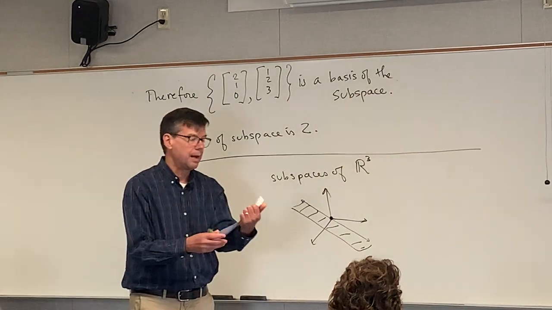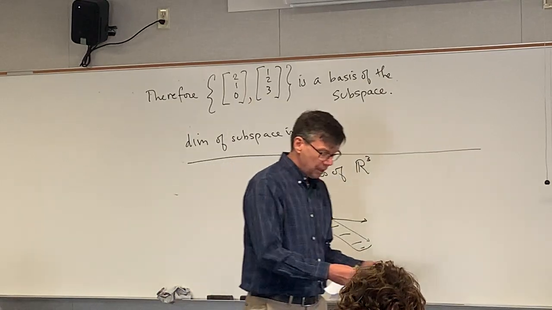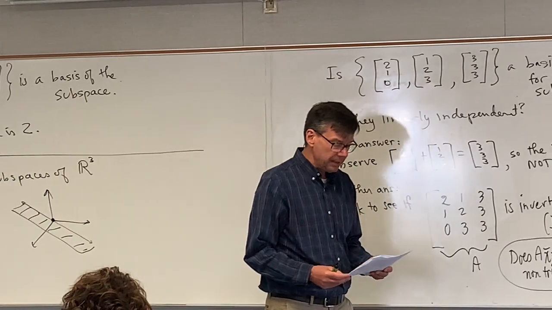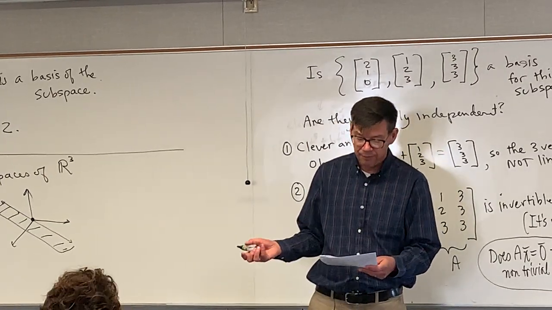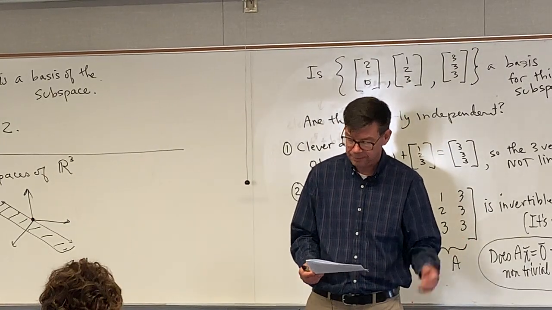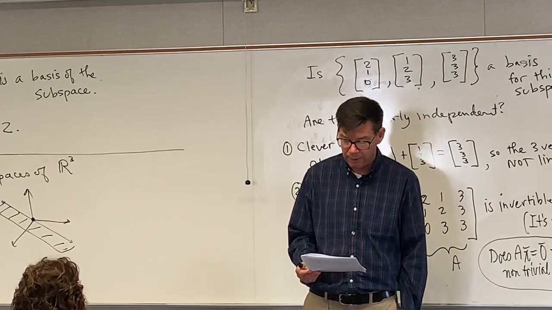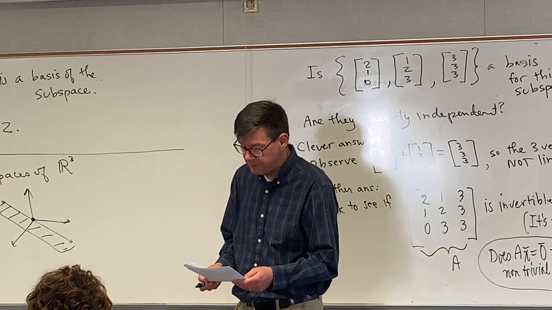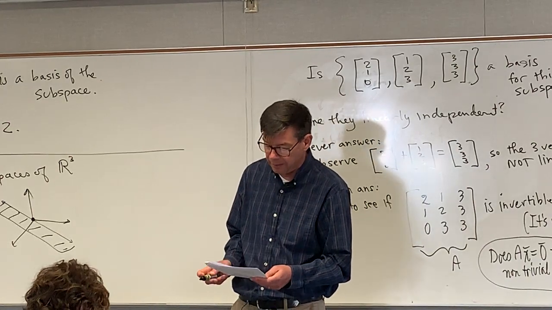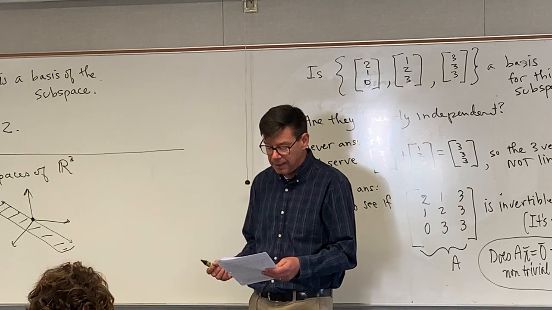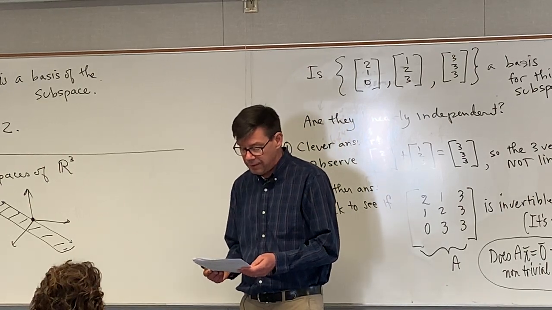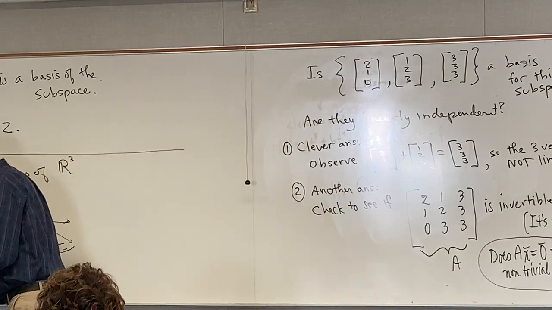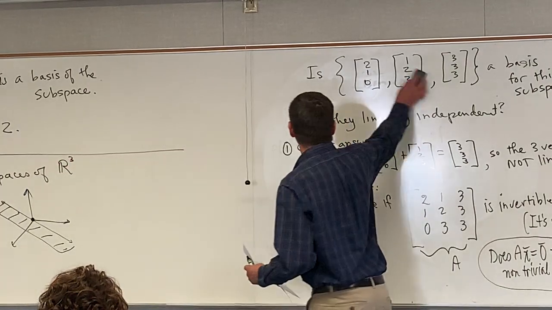And Theorem 12 on the next page, page 4. The basis theorem: let V be a vector space of dimension P, where P is greater than or equal to 1. Any linearly independent subset of V containing P elements must be a basis. And any subset of V of P elements that spans V must be a basis.